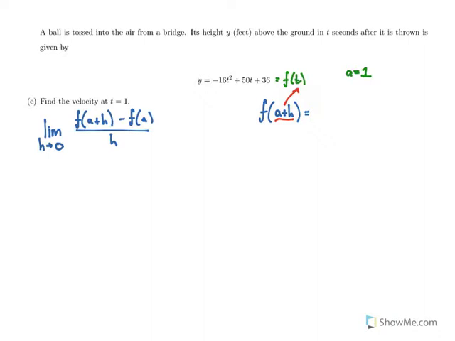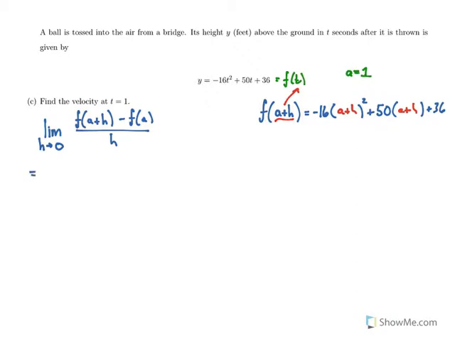So that's going to be negative 16 times whatever t is squared plus 50 times whatever t is, plus 36. We're going to plug in a plus h in for each of those. And note that a in this case is 1.